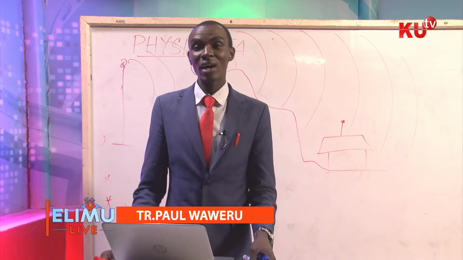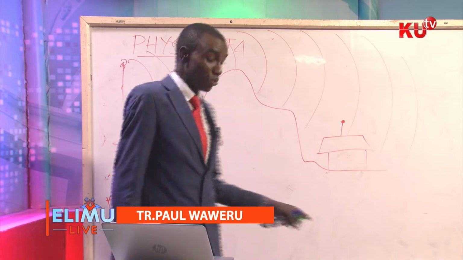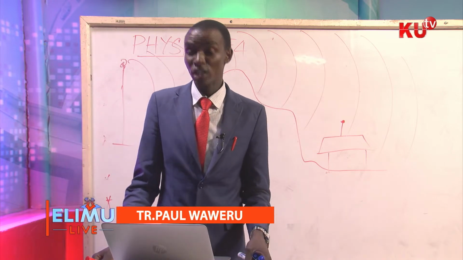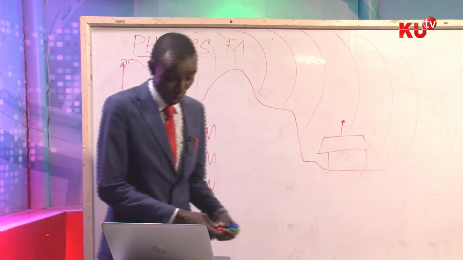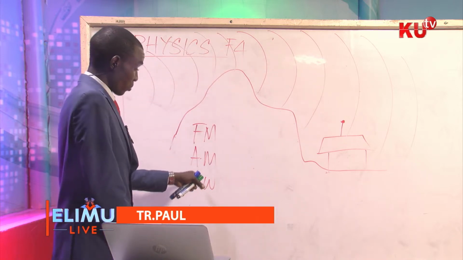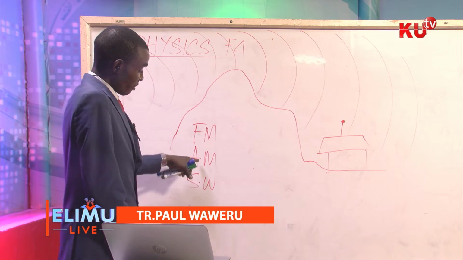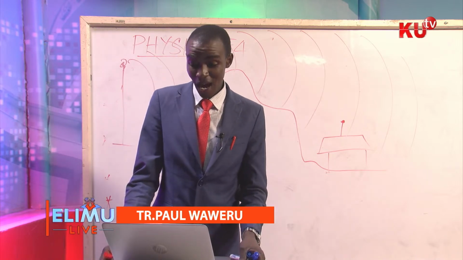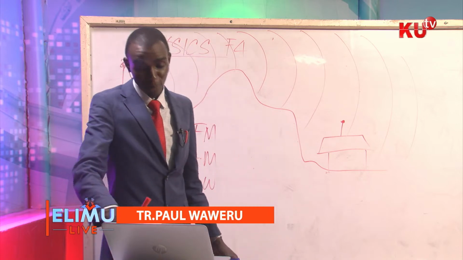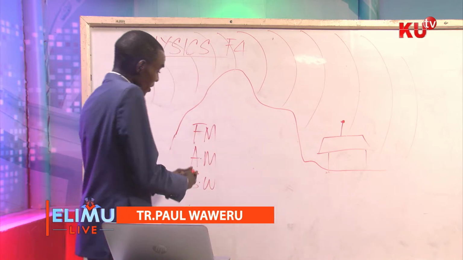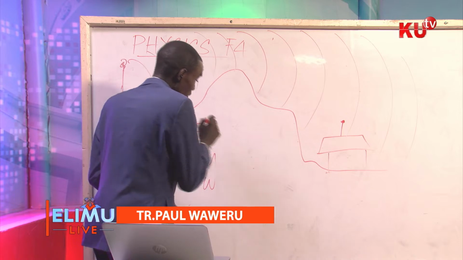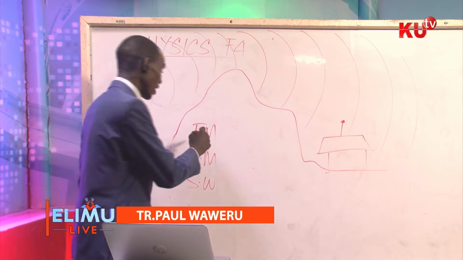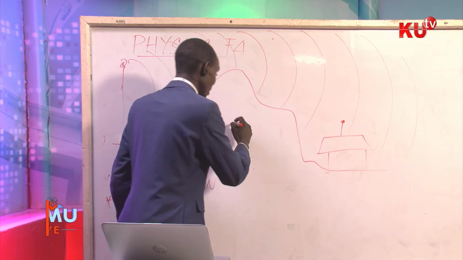We used to have radio stations transmitting using shortwave, whereby you'd even be able to tune into radio stations broadcasting from abroad. If you tune into the shortwave, amplitude modulation, you find that for some of the waves the modulation is on the amplitude, and for some of the waves the modulation is on the frequency. So the difference between FM and AM is that for FM, what changes is the frequency.